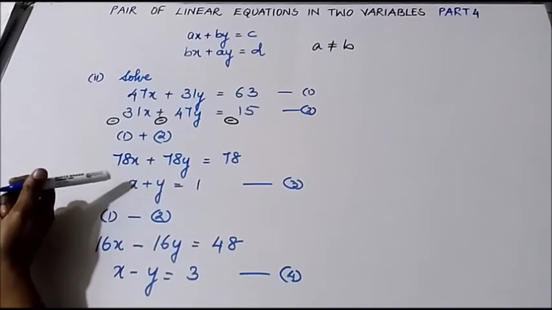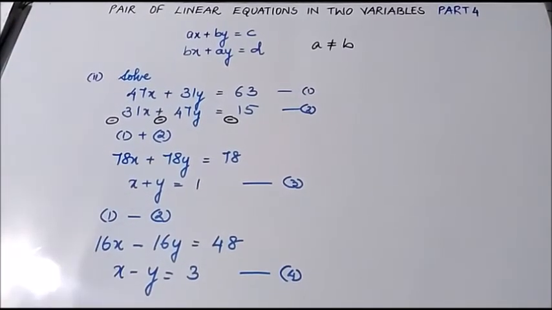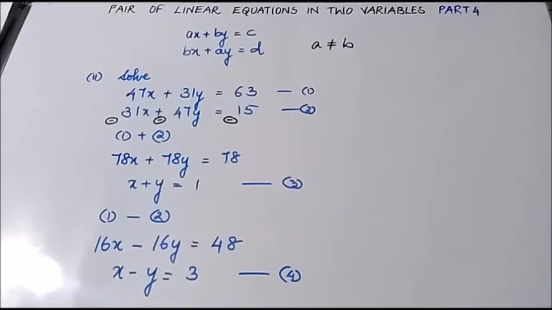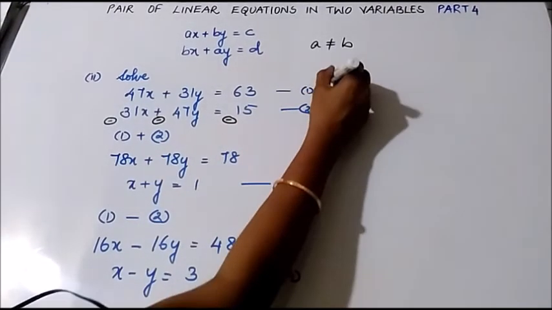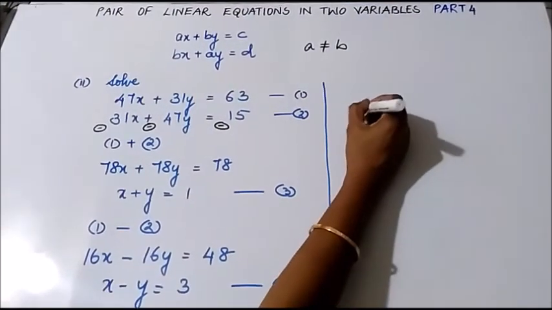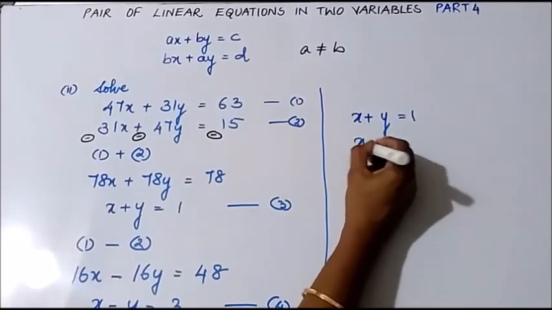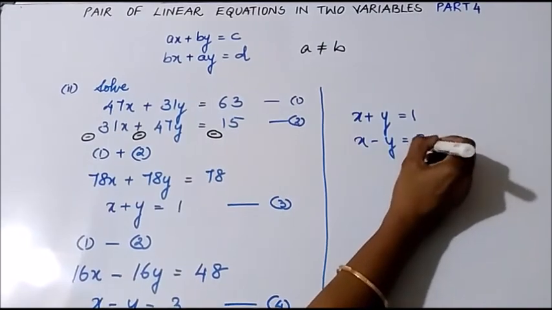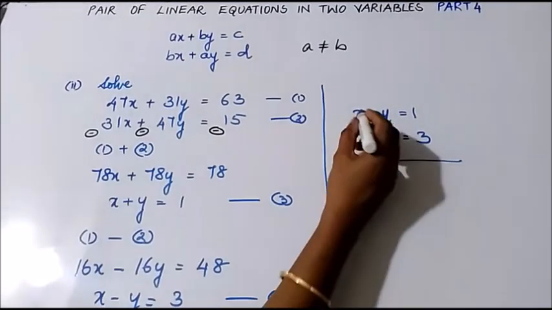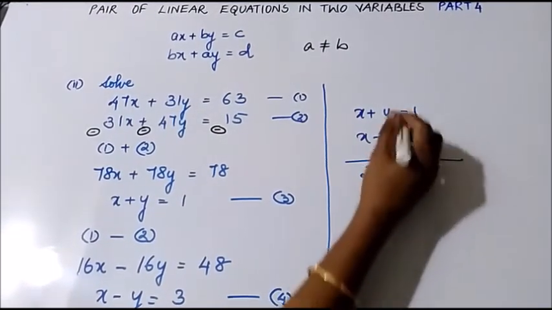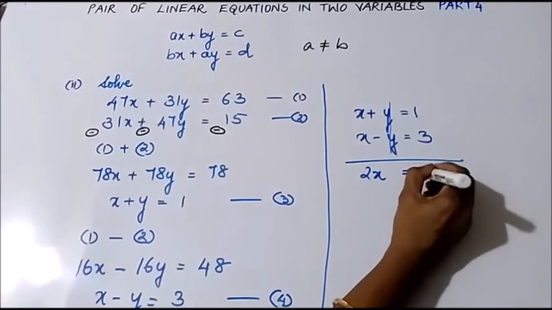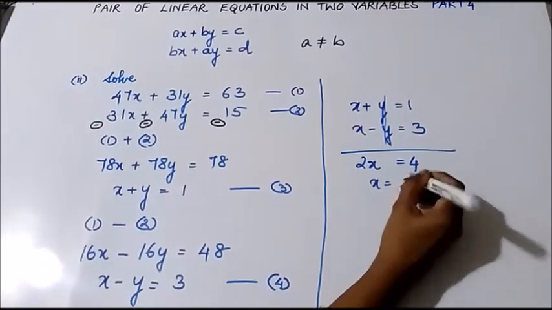Now, as I said, we'll be solving equation 3 and 4. We can do it by any method, that is substitution method, elimination method, or cross multiplication method. Now here, elimination method is easy, so I will do that. What you're supposed to do? You're supposed to add both the equations. x plus x will give us 2x. y is eliminated, is equal to 4. x equal to 2.